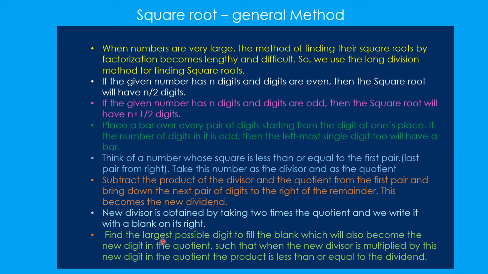Find the largest possible digit to fill the blank, which will also become the new digit in the quotient, such that when the new divisor is multiplied by this new digit in the quotient, the product is less than or equal to the dividend. We are going to take examples and things will be much clearer to you.